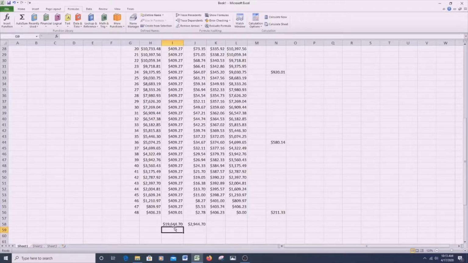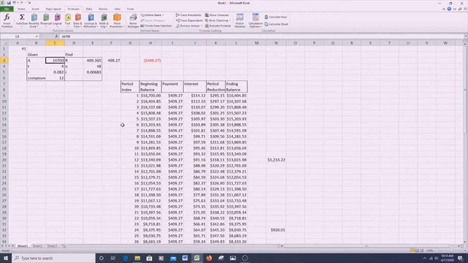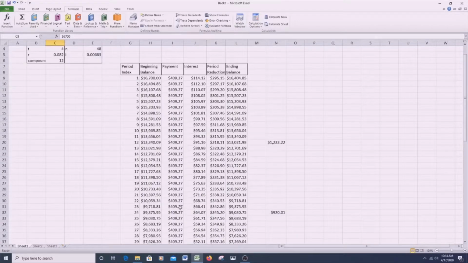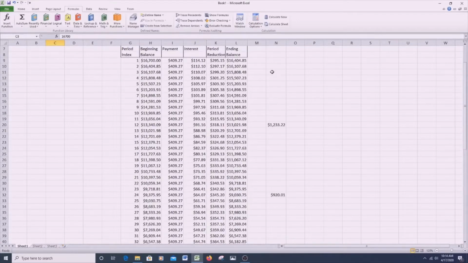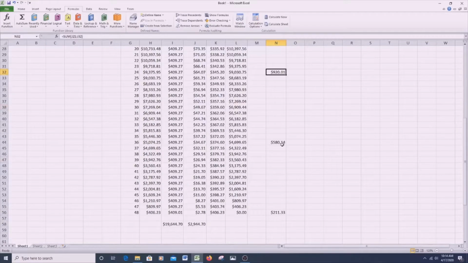So you're paying an extra $3,000 almost for this car that you purchased, and by looking at the partial annual sums of the interest, you can see that most of the interest is charged in the first 2 years, and then in the second 2 years, the third and fourth year, the interest drops way down.